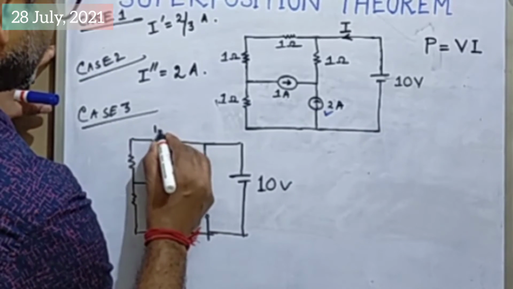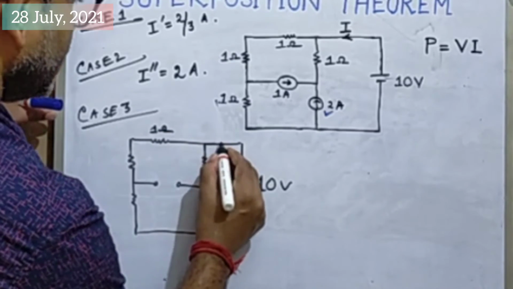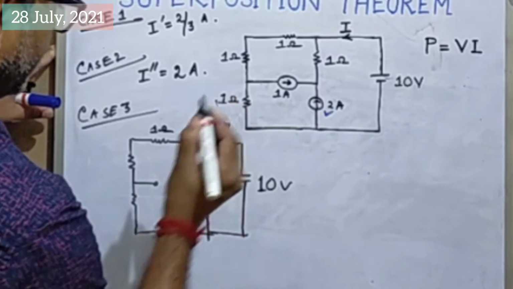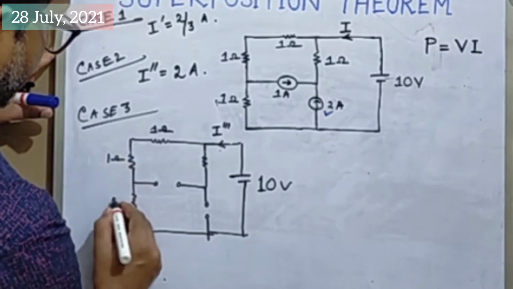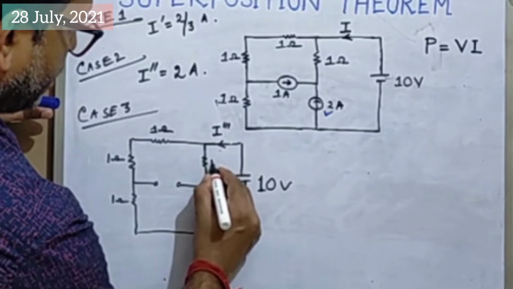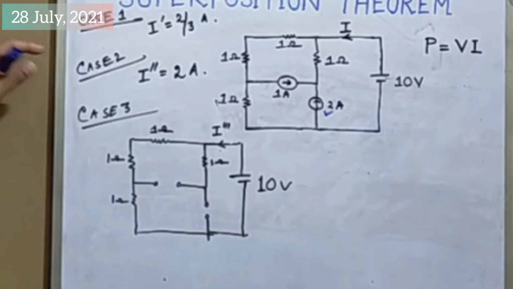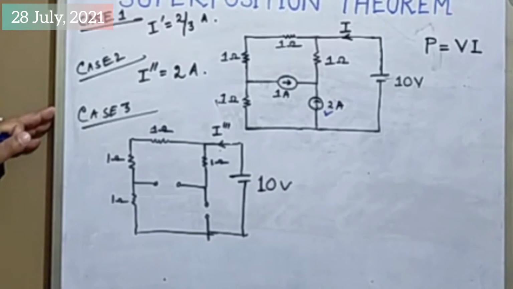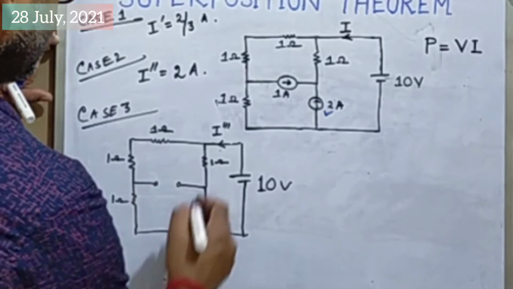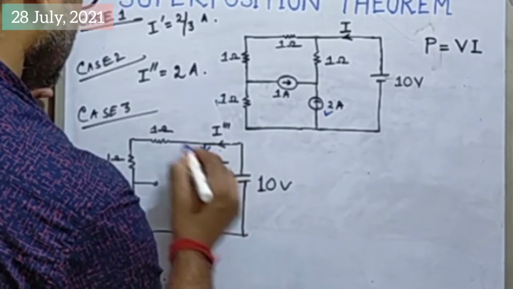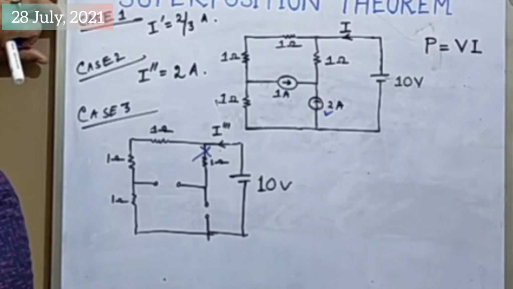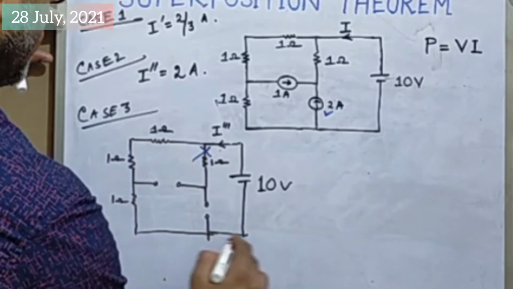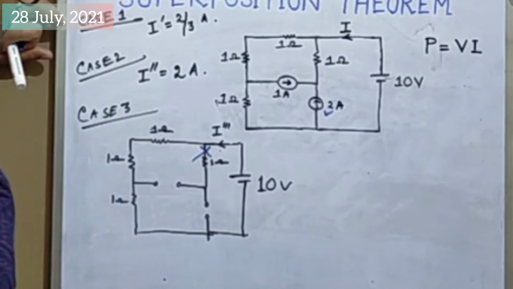Its corresponding current will be considered as I triple dash. As this part and this part are open circuited, no current will flow through them. Only this part is available through which I triple dash can flow.